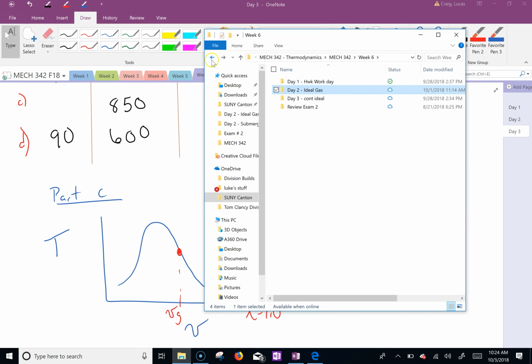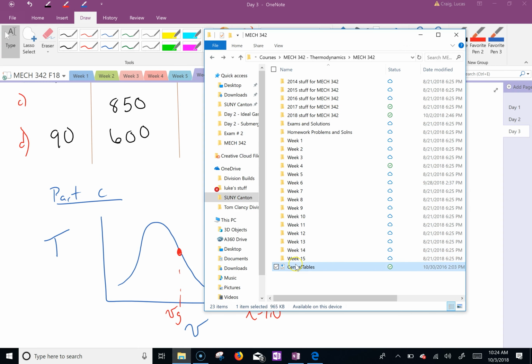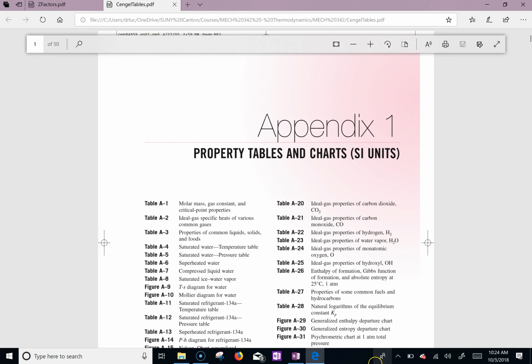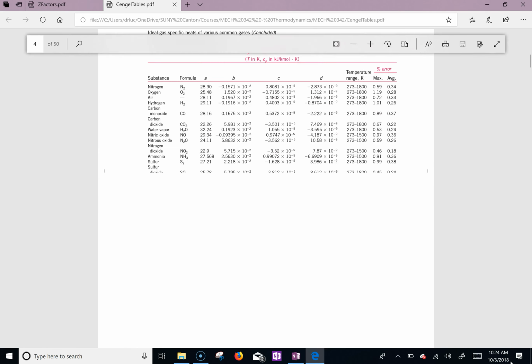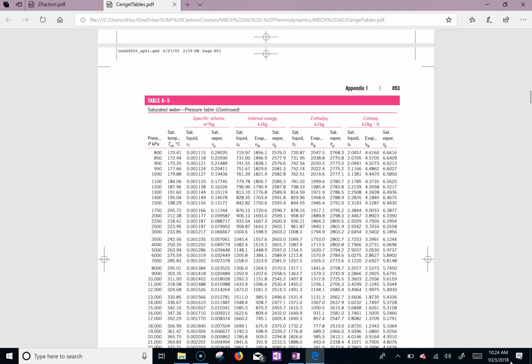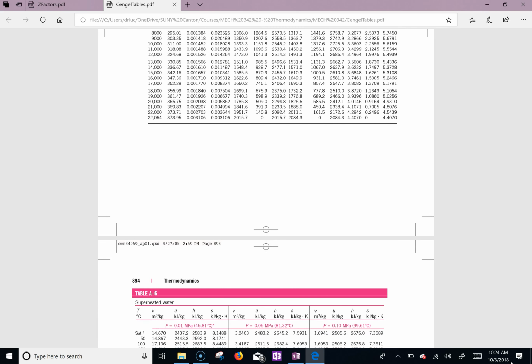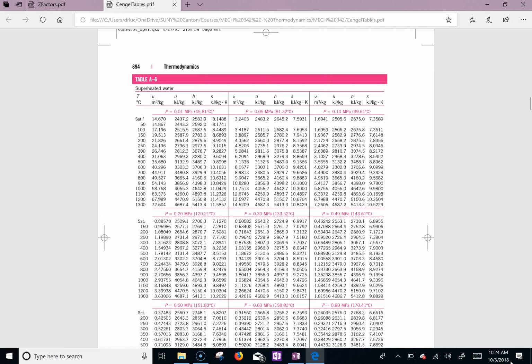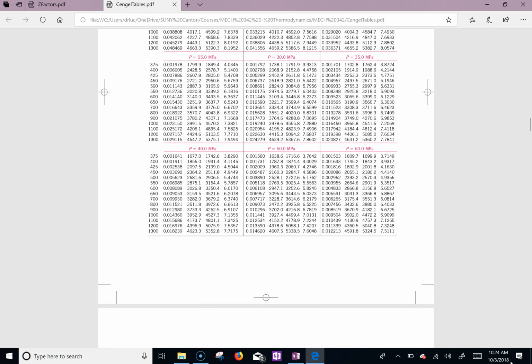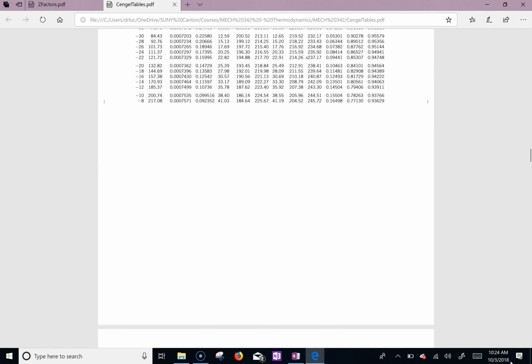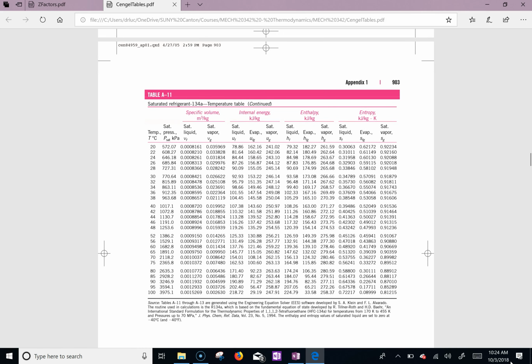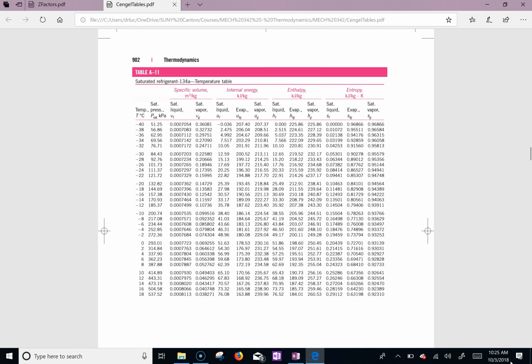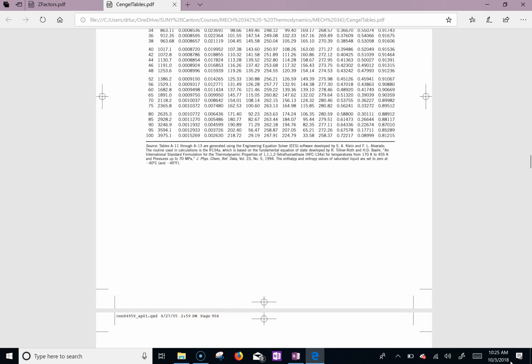So it's refrigerant, SI. Yes, good, they're SI in the test. So refrigerant, I think, is A11. Yes, right here. And we're dealing with pressures, not temperatures.